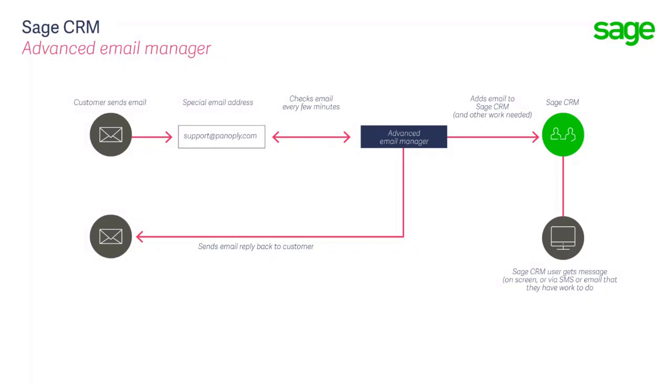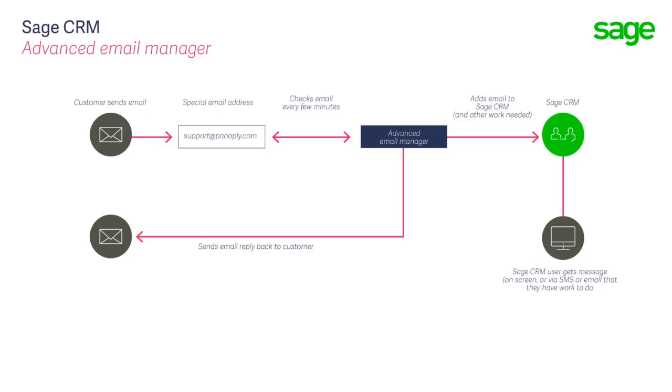It will associate that email account with a script, a set of instructions about what it should do if it detects an email in that account. We call those scripts templates, and the Advanced Mail Manager will look at the email, look at the template, and then process it according to the template.